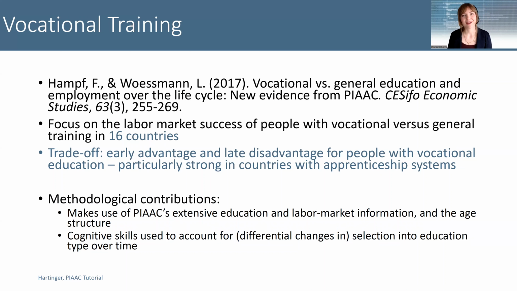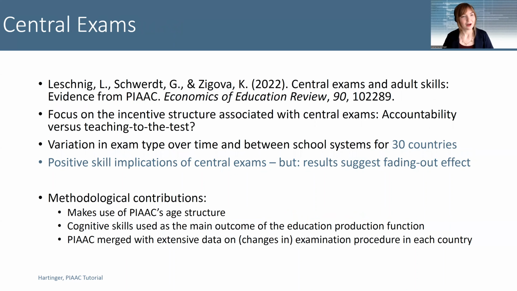So not every PIAAC paper needs to be completely focused on cognitive skills, and it is very beneficial to keep an open mind here. However, in the Leschnik et al. paper, cognitive skills are the main outcome, as the authors try to understand if central exams affect the skills people actually have even years after finishing school, and they find a strong fading out effect.